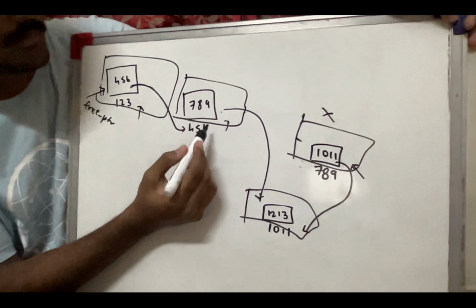If I do this, this will just change the value. So I will cast the previous block into this, and I will change the value. I have to treat previous block as a pointer to a pointer.